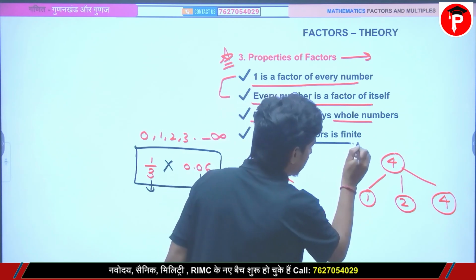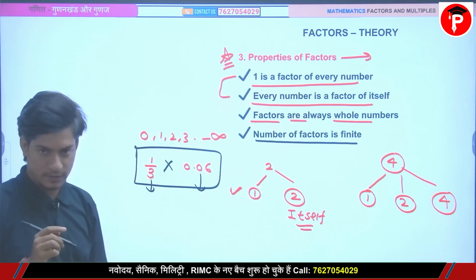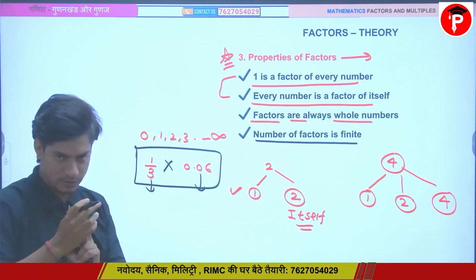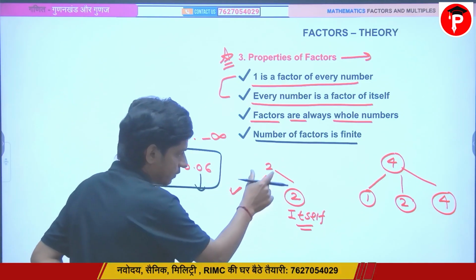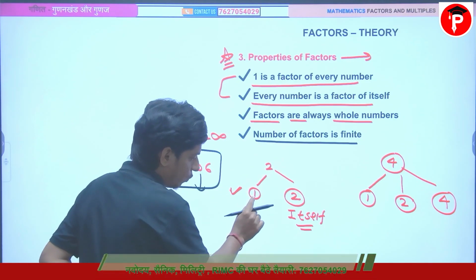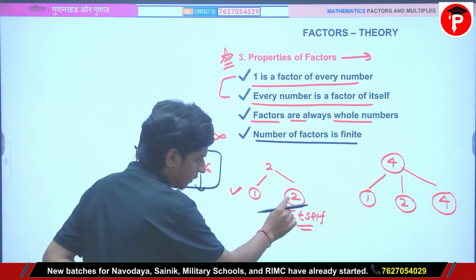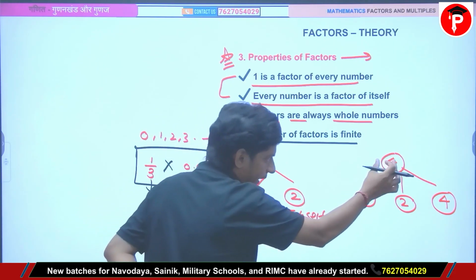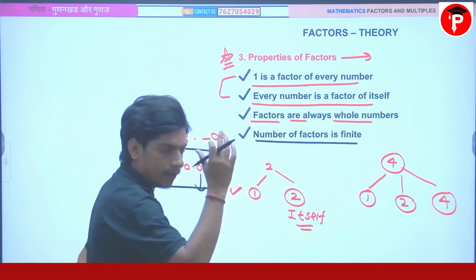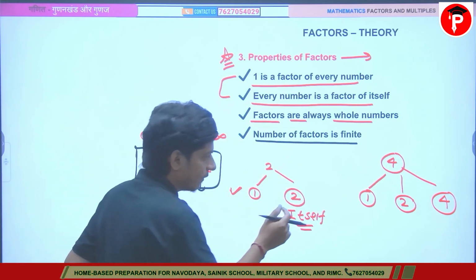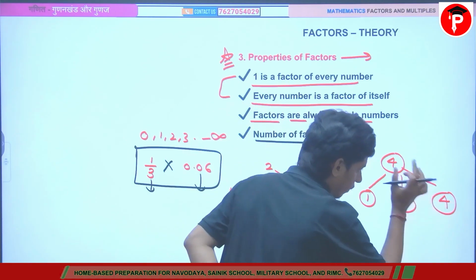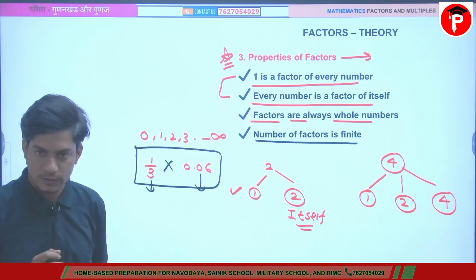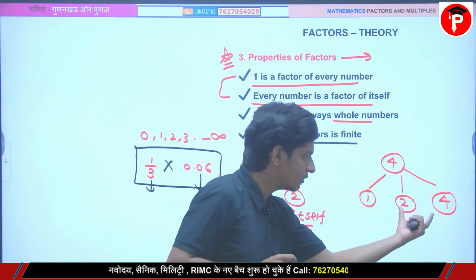The number of factors is finite. Yes, factors are finite. If you look at the number 2, it has only 2 factors. If you look at the number 4, it has 1, 2, 4. These are always finite, fixed, or limited.